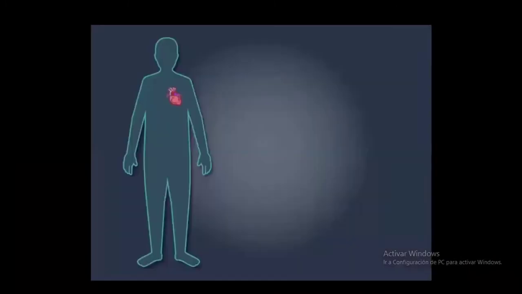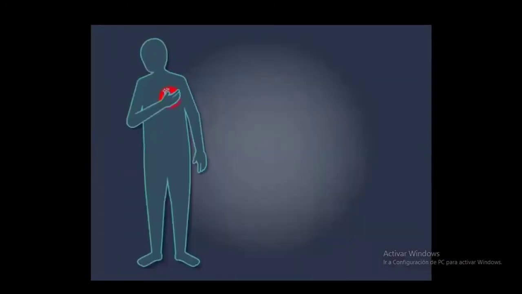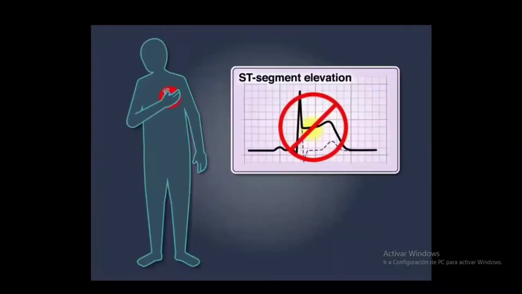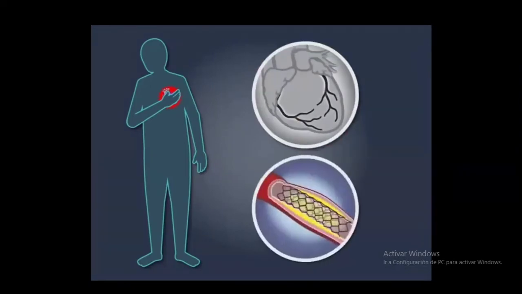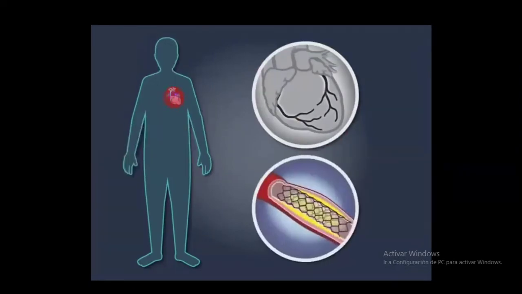Ischemic heart disease is a major cause of out-of-hospital cardiac arrest. In patients with cardiac arrest who do not have ST segment elevation on ECG, the role of immediate coronary angiography and percutaneous coronary intervention after successful resuscitation is unclear.